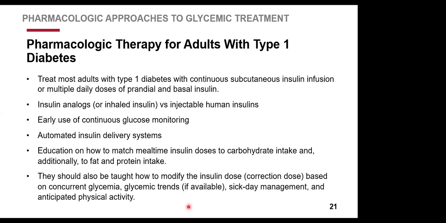Then the insulin analogs are usually preferred over the injectable human insulins. And also what is very important here, you need to start using continuous glucose monitors at a very early stage. So these products are available in Uganda. They are still quite expensive, but the earlier you start using them, the better the treatment outcomes for the patients.